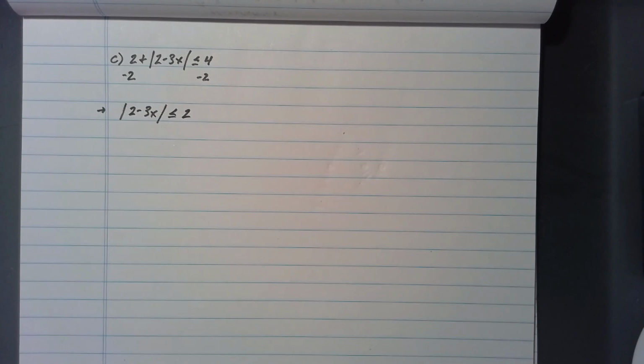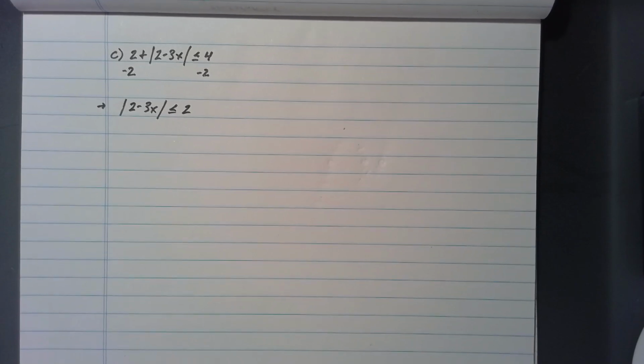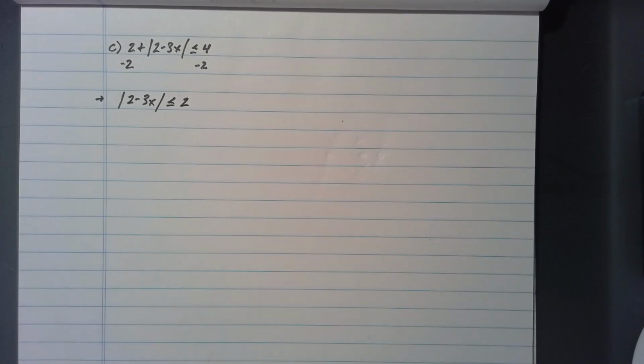Now if you recall from your notes, when we did absolute value inequalities, I think it was section 1.6, 1.7, I don't recall. It was one of the last sections of chapter 1.